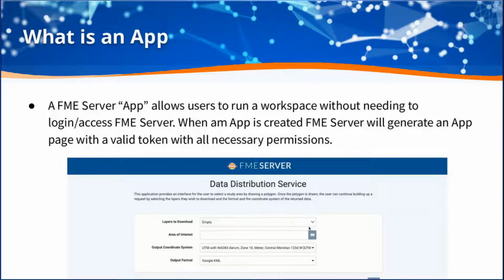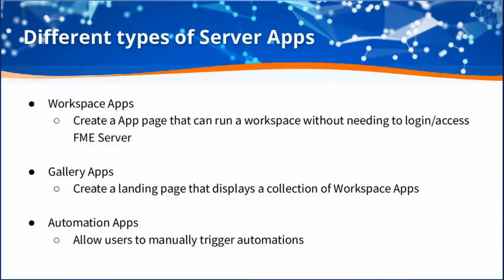You might want to use FME Server apps because you're delivering a self-serve portal like CLIC Converter, or providing a space where clients can upload data, or a tool where clients can validate their data or collect extra data. The options are really endless depending on how you want to configure this. The types of apps that you can build are workspace apps, which are app pages that can run a workspace without, again, needing to log in or access FME Server.